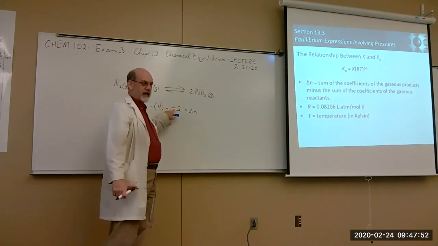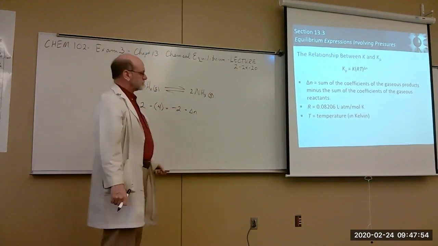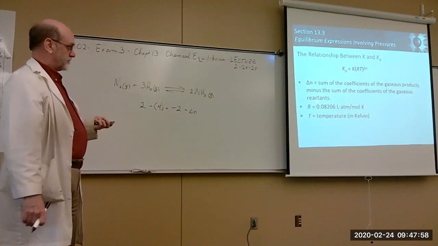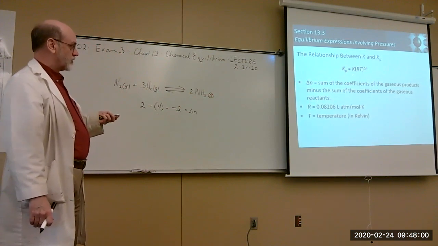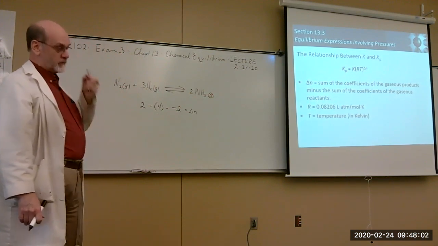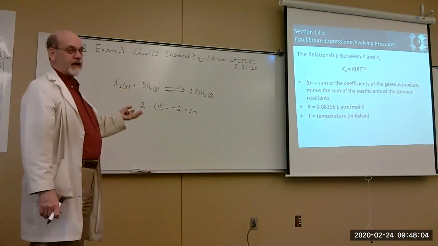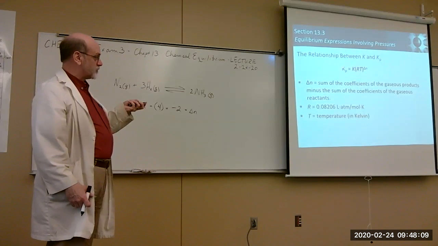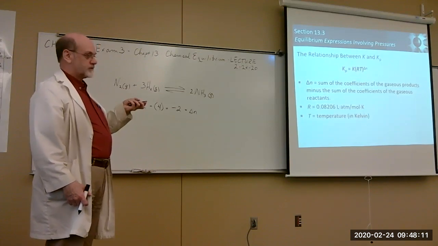Because your calculator can handle negative powers. So that's how you calculate Kp derived from Keq. And of course, this is like any reaction. If you want to find out what K is, but you know this one, you just solve for the unknown.